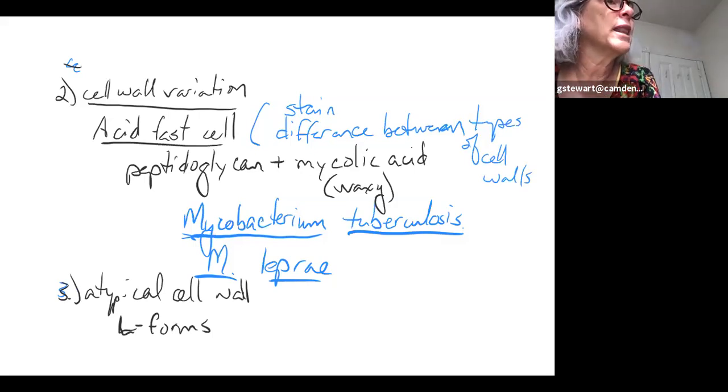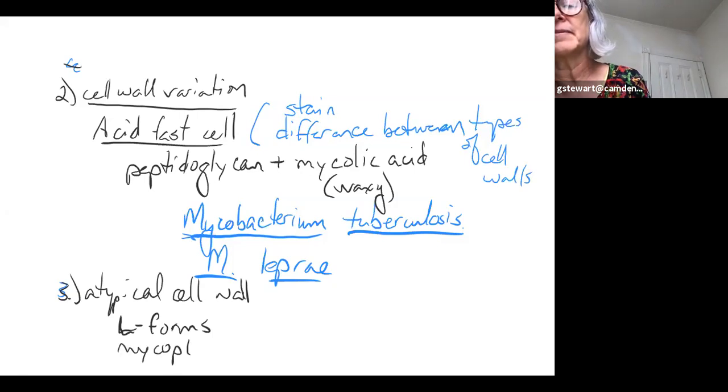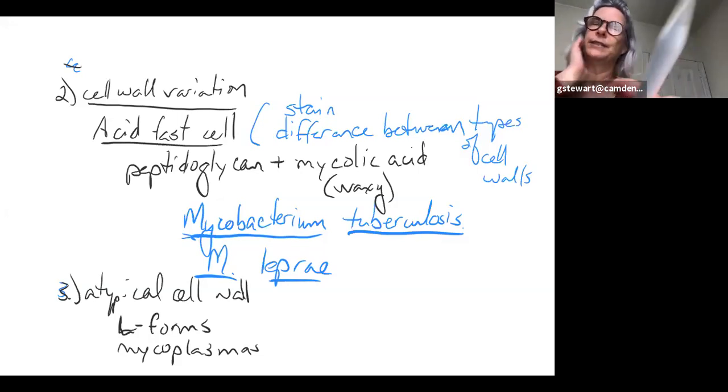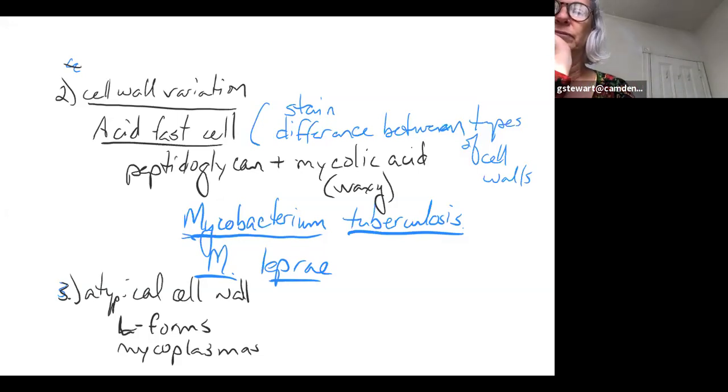And the mycoplasmas, they don't actually have peptidoglycan in their cell wall, but what they have instead are steroids to help maintain the shape of the cell membrane. You don't have to worry about these so much, just have to mention them.